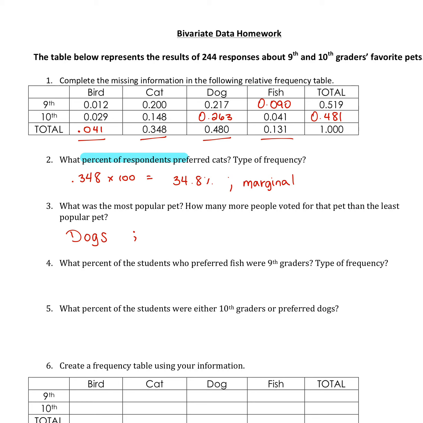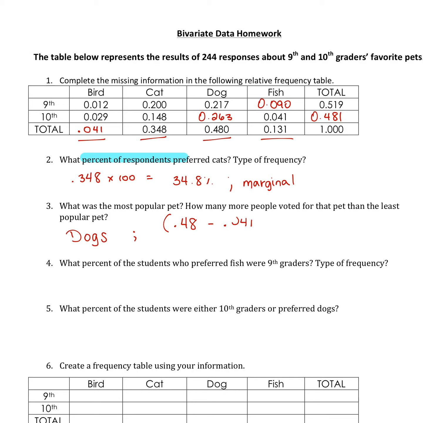How many more people voted for that pet than the least popular pet? So I'm going to take my dog's number, so I got 0.48, and I'm going to subtract the least popular pet, and that is a bird. Not a lot of bird fans in here. Yep, nobody likes Auburn either.